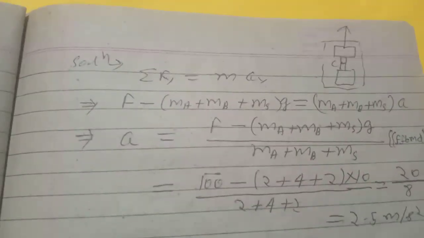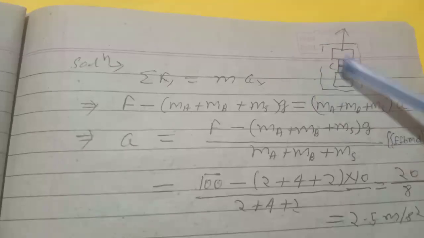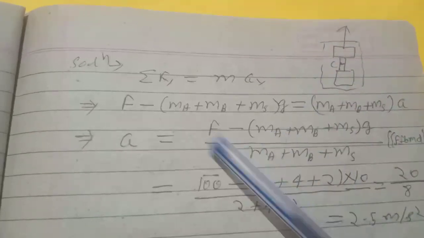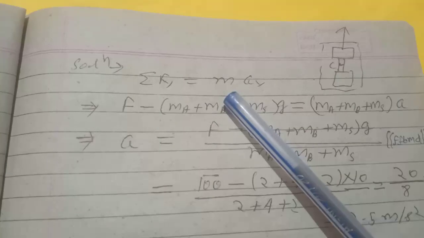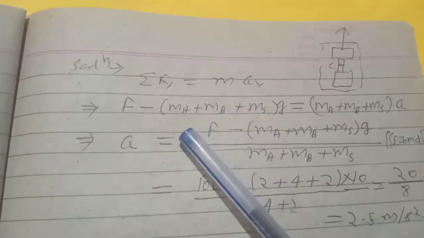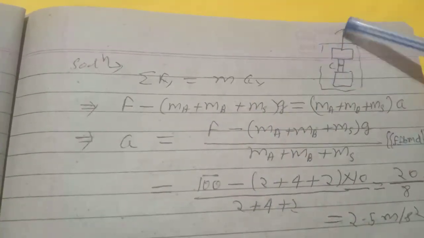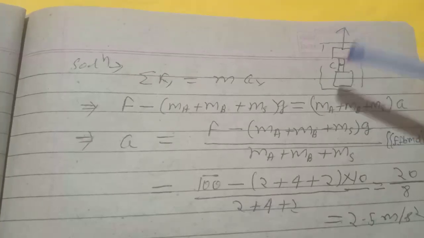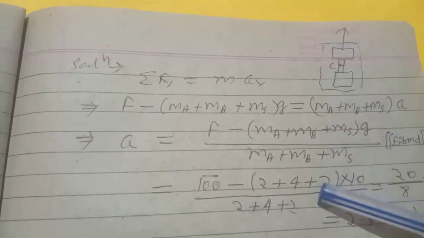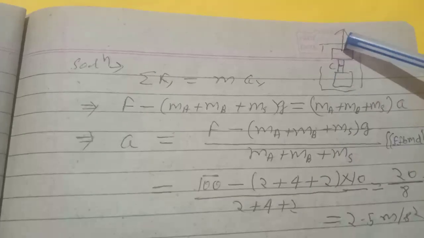If we consider the whole body as a single body, then we can write sigma Fy equals mass into acceleration. There is one force in the upward direction and the weight of the body is in the downward direction, and the body is moving in the upward direction.